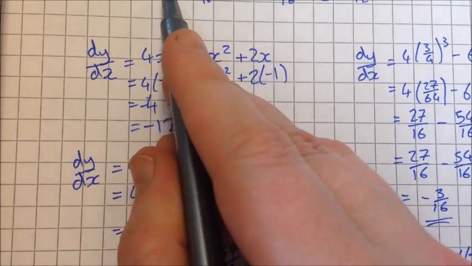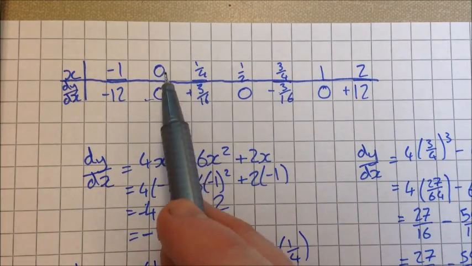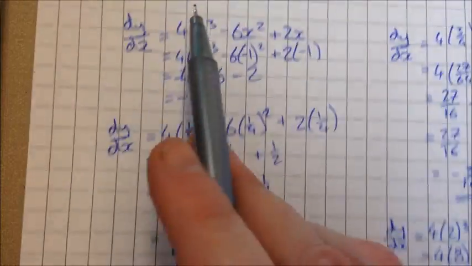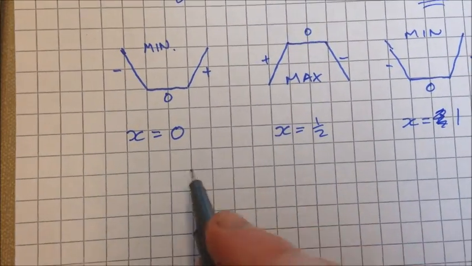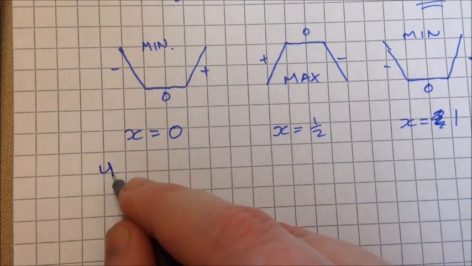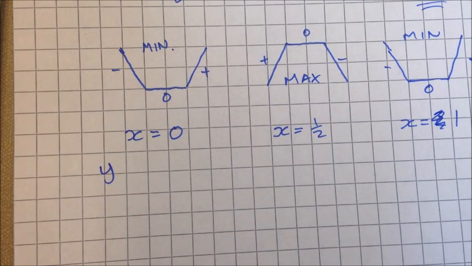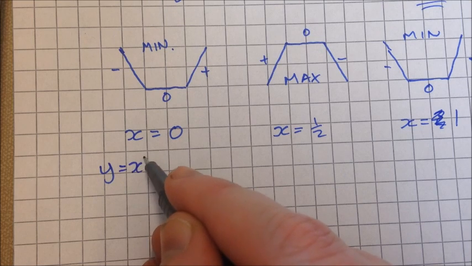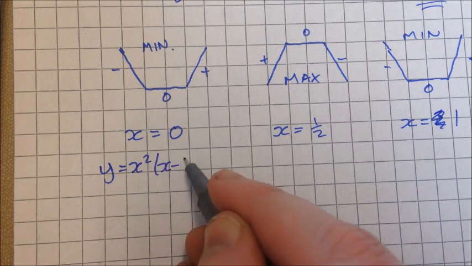That's those three coordinates there where the value is 0. Or should I say those three x values. Right, we plugged that into our equation that is for generating values of y. So I'm going to plug it into this one here. X squared, x take away 1 squared.